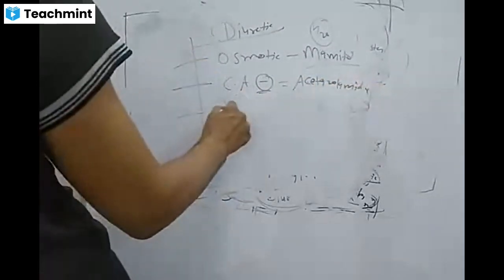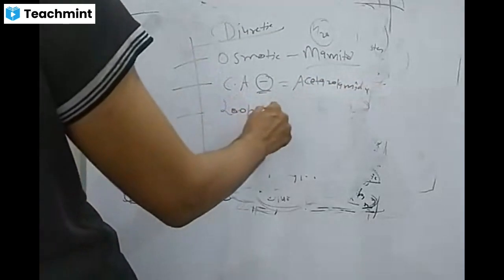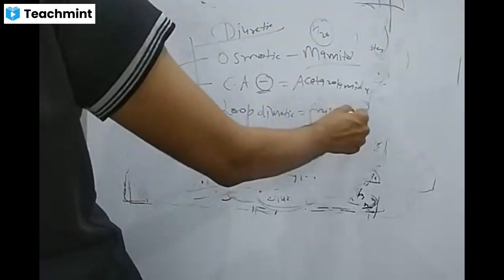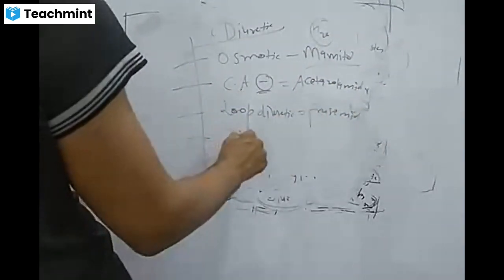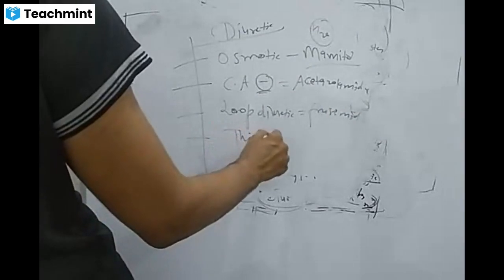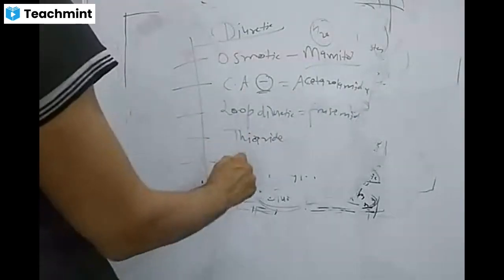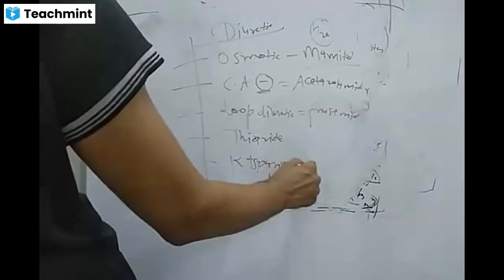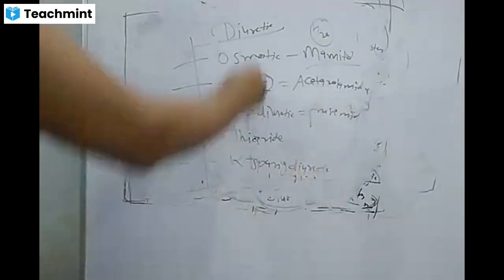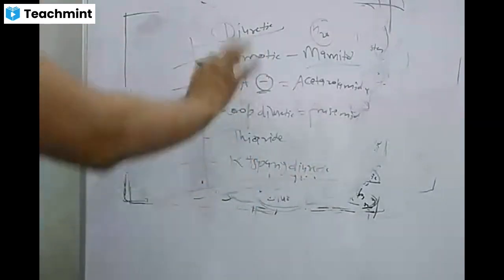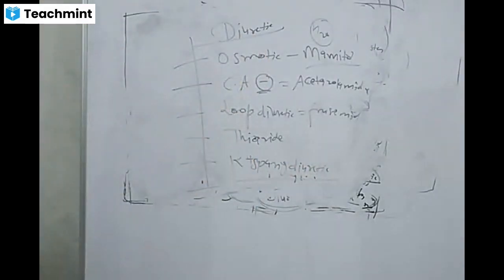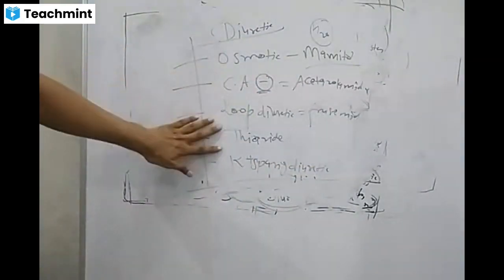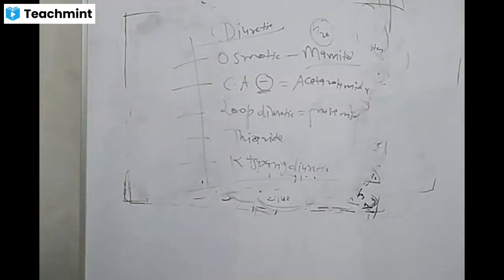Third was loop diuretic, your furosemide. Fourth, thiazide. And last, potassium sparing diuretic. So one, 2, 3, 4, 5. There are a total of 5 diuretics: osmotic, acetazolamide, furosemide, thiazide, and potassium sparing diuretic.